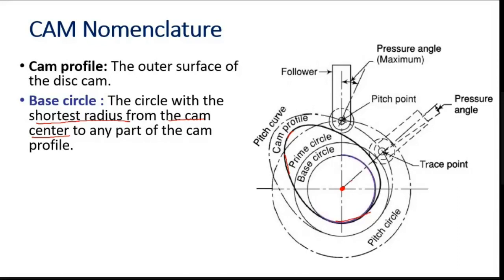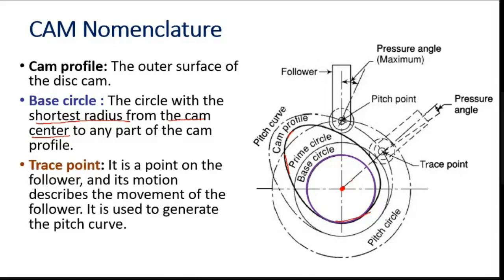Here, the one in purple color is the base circle, the shortest radius. This data will be given in the questions most of the time, so that you can draw the cam. Based on that only we can draw the cam profile.